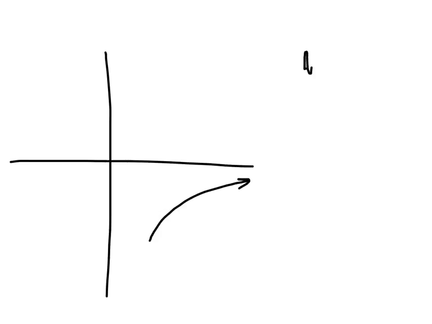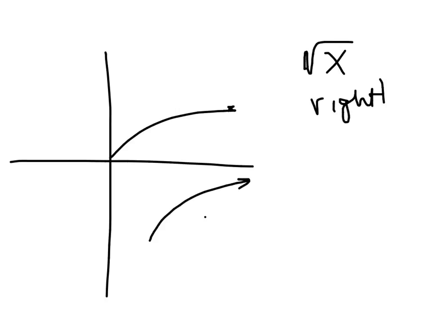17. That parent is the square root of x. Why did I know it was the square root of x? Because it only had part of it. So what happened from the original one like this to the new one? It went right 1, I heard. And down how far?